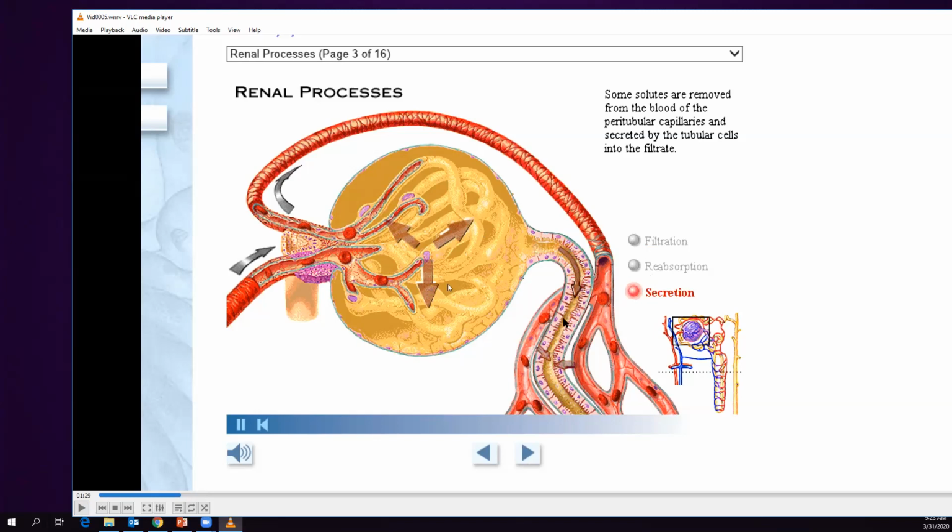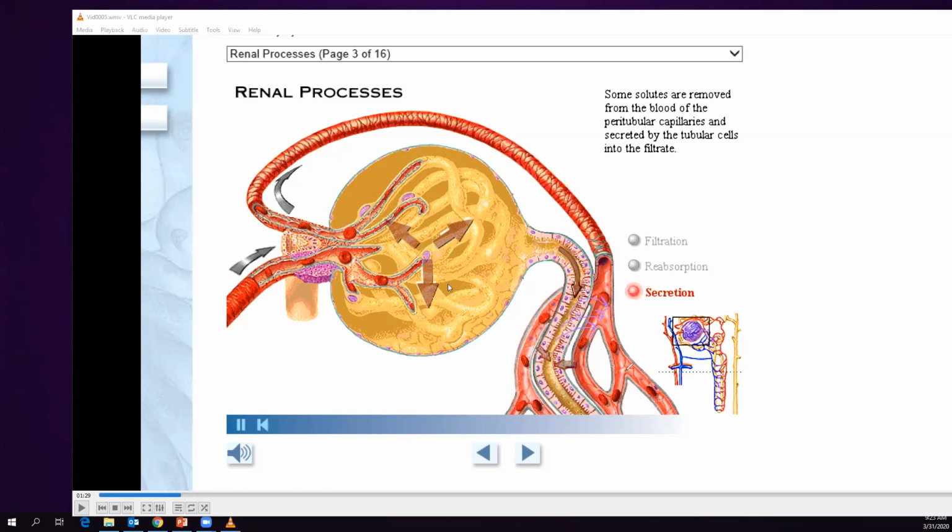Reabsorption is going to be through these simple cuboidal cells of the proximal convoluted tubule, so that material is going to go out this way and into the peritubular capillaries, because that's what these things are right here.